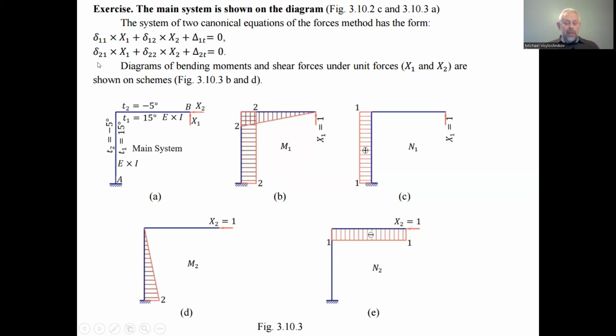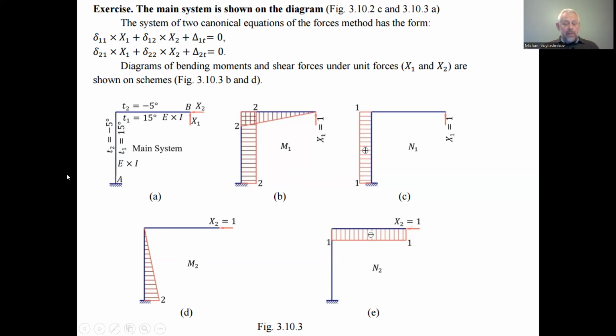The second canonical equation is similar. The displacement in the second direction due to the force applied in the first direction, due to deformation of the frame, plus the displacement in the second direction due to the force applied in the second direction, plus the free term, which is the displacement in the second direction due to the temperature on the mechanical system.